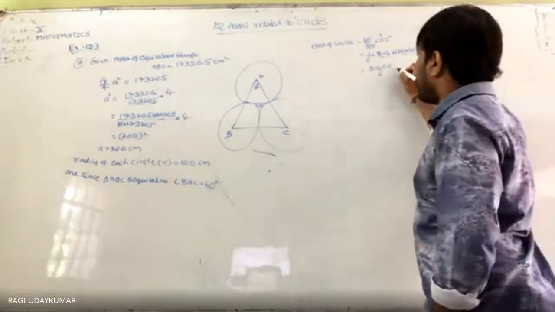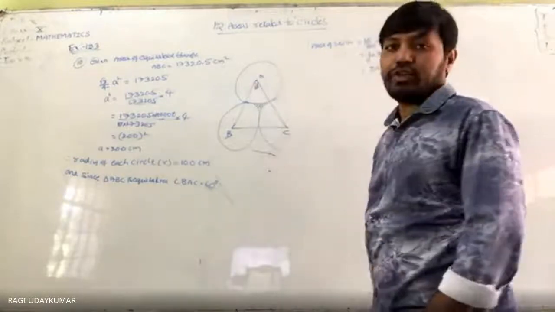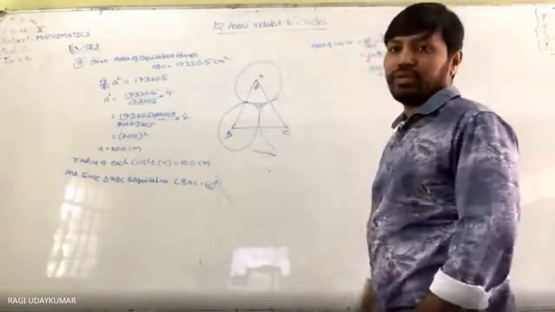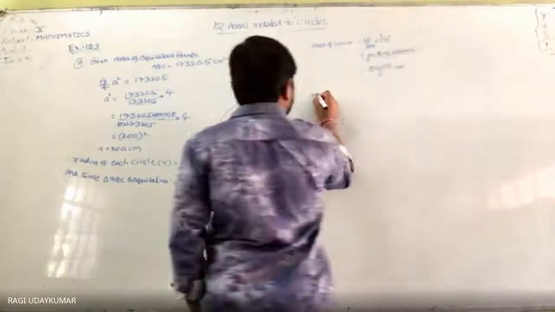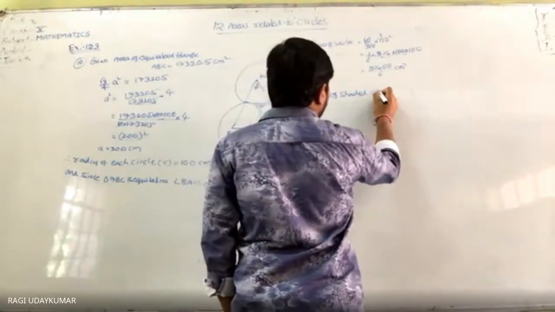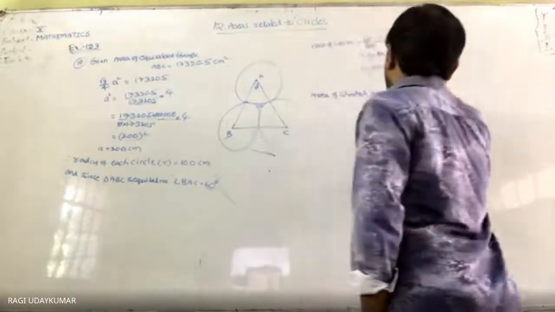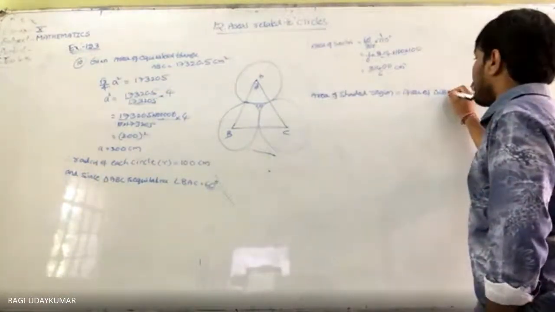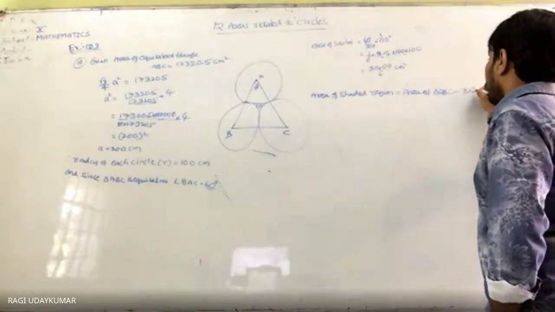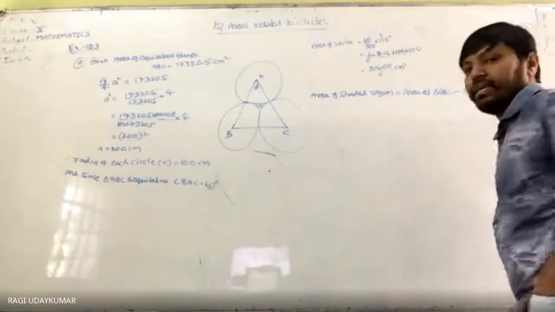Keep it as centimeter square, because one sector we have taken into consideration, the 3 sectors are to be taken into consideration. So the area of the shaded region is equal to the area of triangle ABC minus 3 times the area of the one sector.